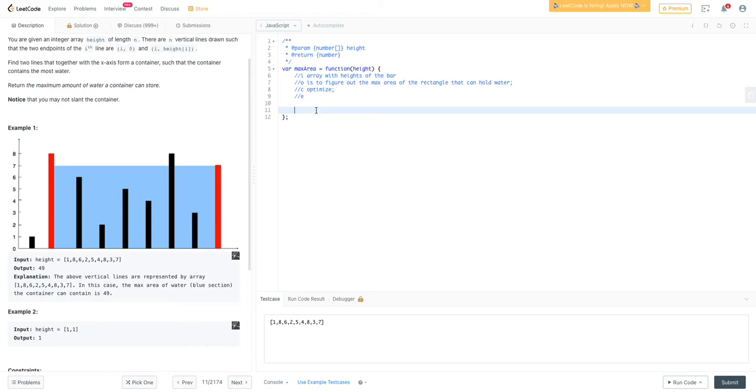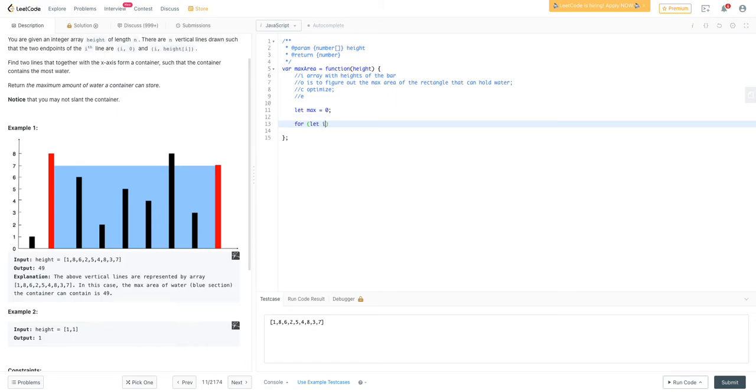So let's see if the simple, brute force way of solving would solve this problem. Let max equal 0, because we're trying to find the max value. Then we're going to use two for loops.